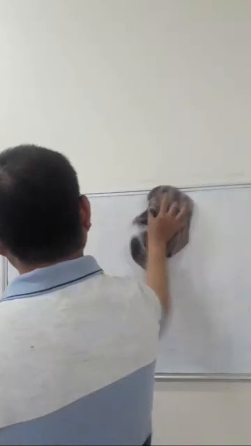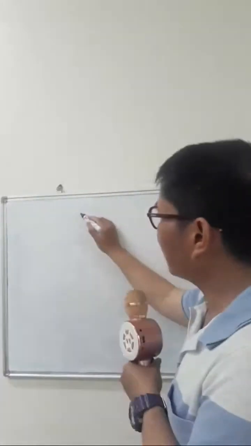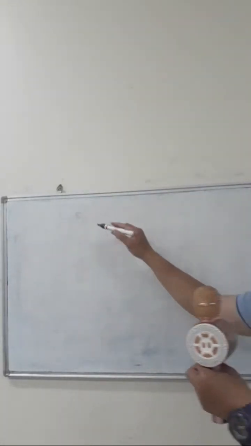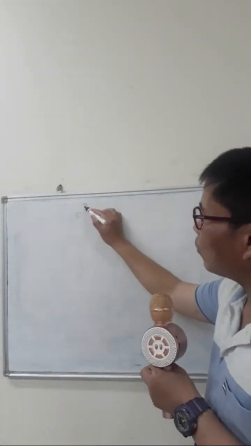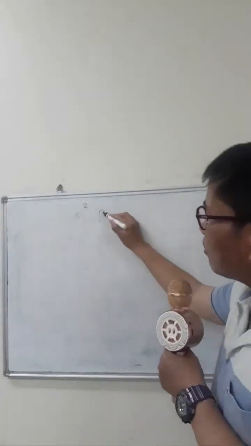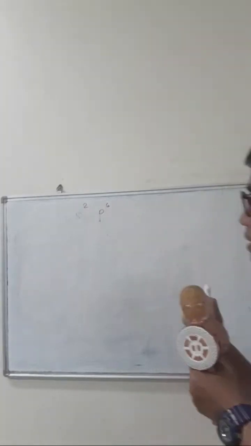Okay? Like that. So, meaning to say, if we have S, our two electrons will be the superscript of the S subscript, S2. Now, if we have 6 electrons in the P subshell or sublevel, we will say that as P raised to the power 6.